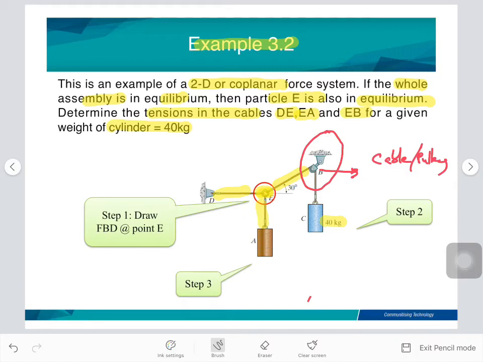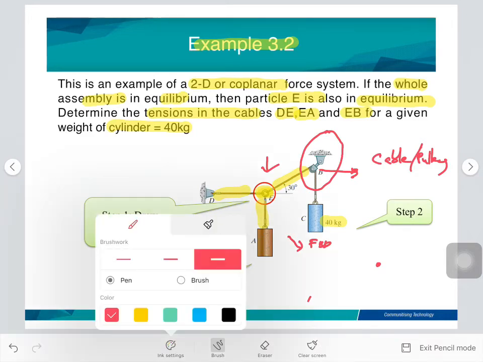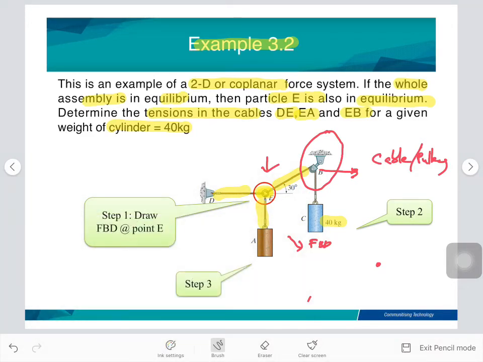When you sketch the free body diagram, this is the point of equilibrium. Don't forget your axis. This is your axis, axis X and axis Y.